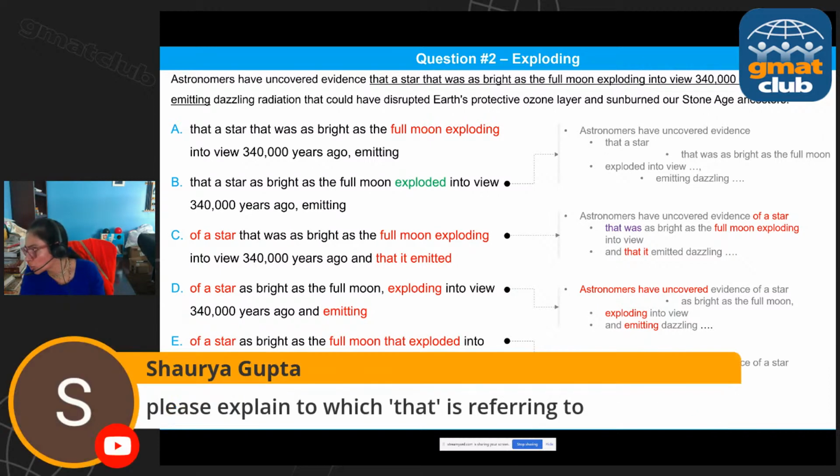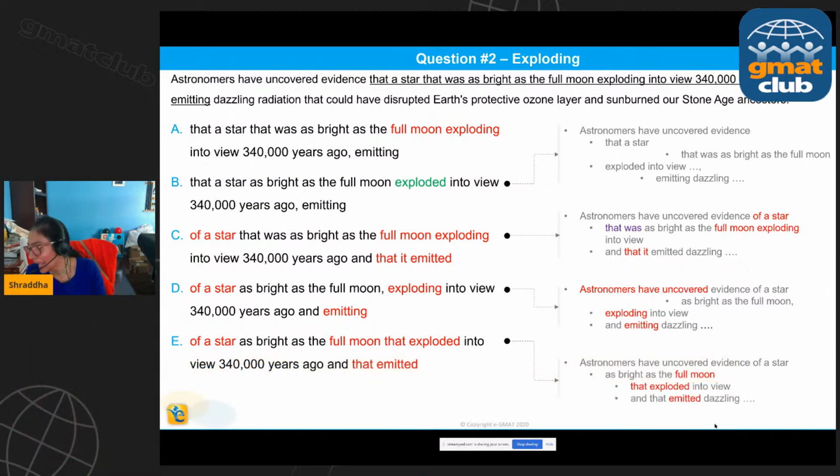Shaurya, please explain which that is referring to. That is referring to full moon in choice E, Shaurya. In A and B, in A, this that is talking about a star. So I think you're talking about this that. This that is not a modifier, Shaurya. It is not a modifier. Be 100% sure of that.